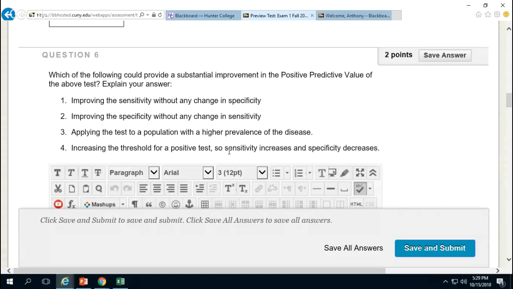Let's say you get all of them right. How many did I say did not have the disease that got the positive test? I said 990 times a 5% error rate was about 50 people.